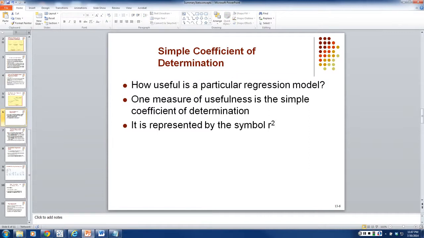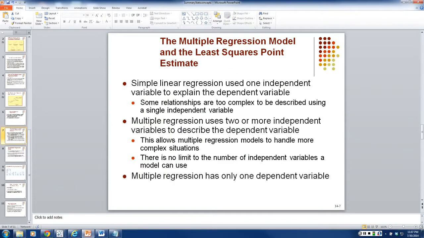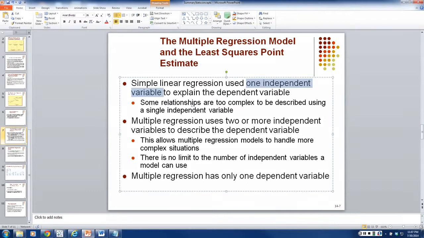Now let's look very quickly at multiple regression, because this is much more powerful and works in more complex situations. In the complex business world, it can never happen that one independent variable explains everything. For example, if the independent variable is sales and the dependent variable is profit, that is certainly not the whole story, because profit might depend on something else, and some variables we might never be able to understand, and that's why we use the term error.